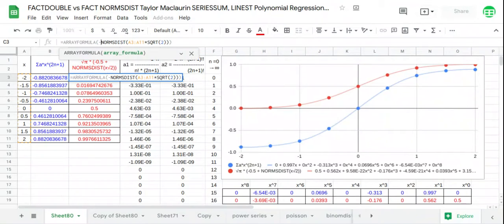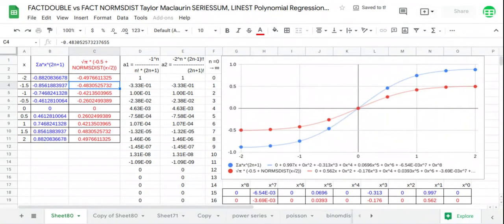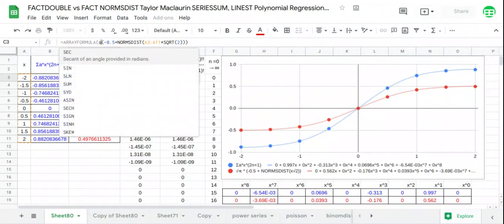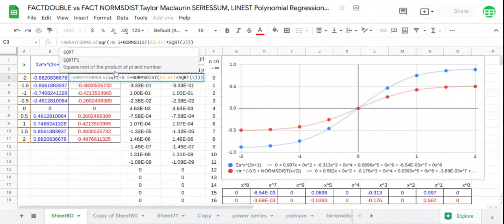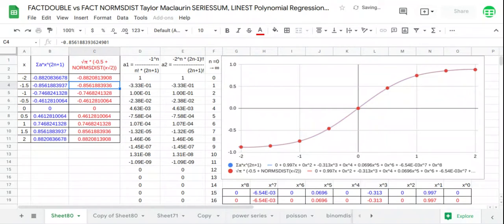So minus 0.5 plus the NORMSDIST. Getting closer now. Finally, we multiply square root of pi. Square root of pi times the quantity. Now they're all in the same trend line and the polynomials are the same.